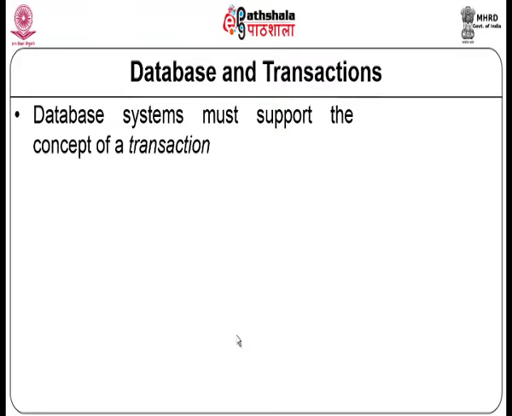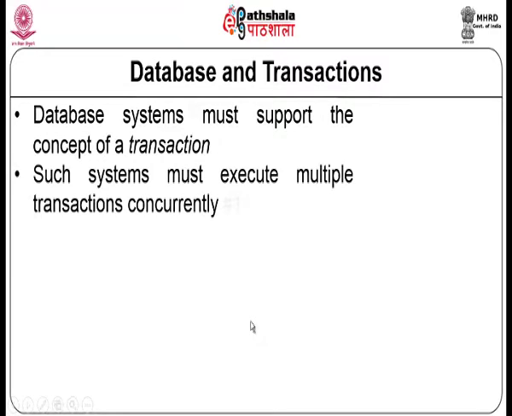Now, any database system, if it needs to support transactions, must ensure that multiple transactions are supported. Databases must support some kind of interactions. They have to retrieve data, store data, update data.